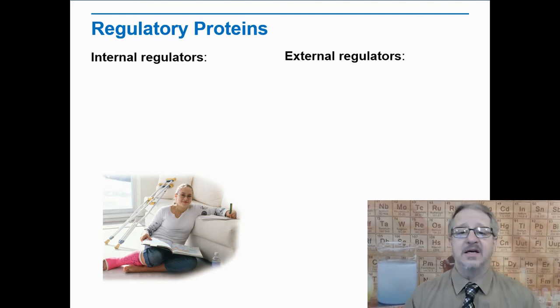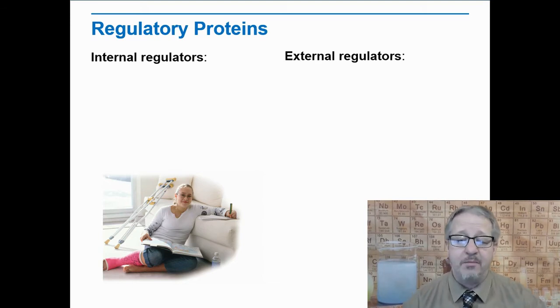For example, some regulatory proteins actually function to keep mitosis from starting until the chromosomes have been duplicated. Another regulatory protein keeps the cell from proceeding to anaphase until the spindle fibers have attached to the chromosomes properly.